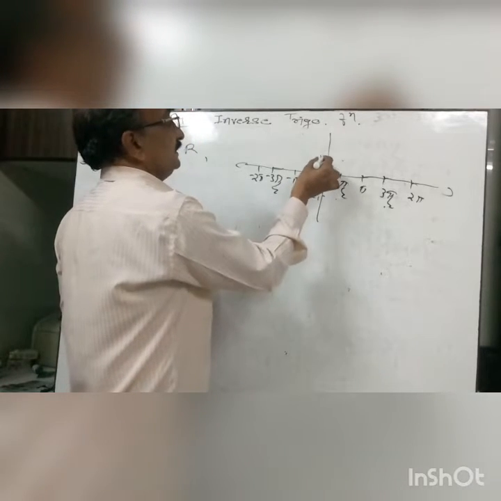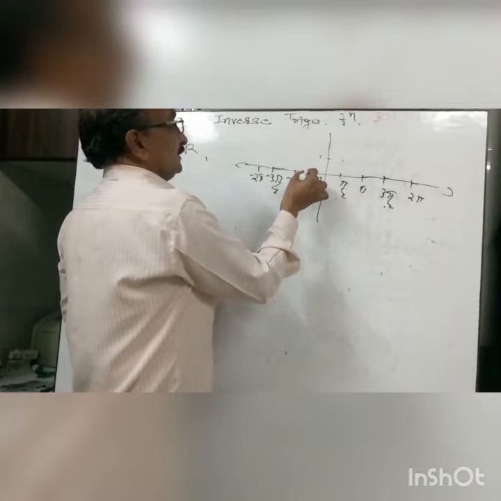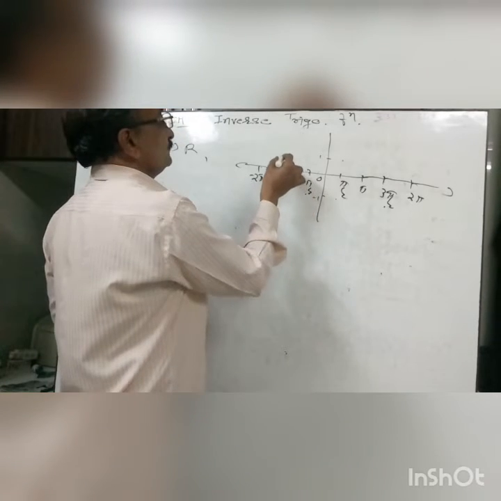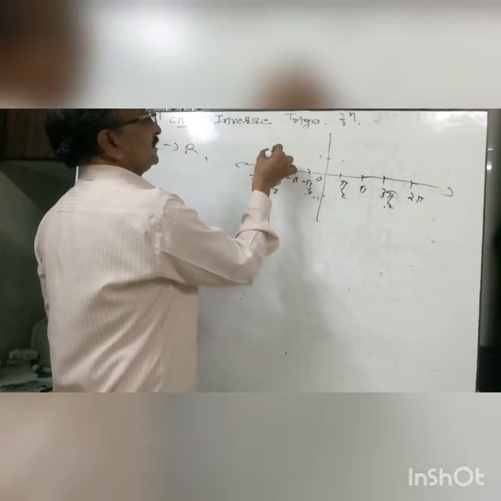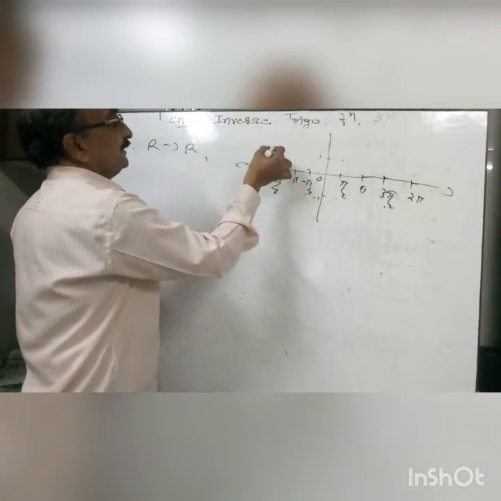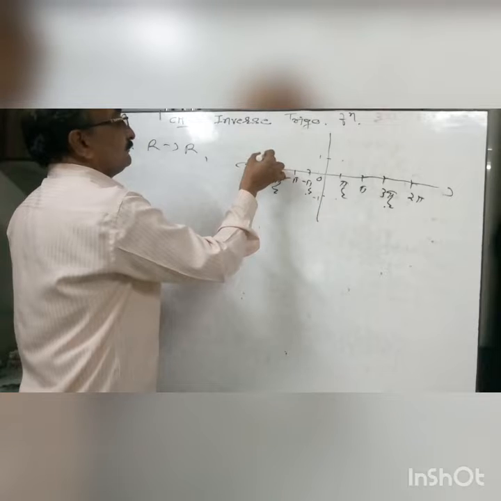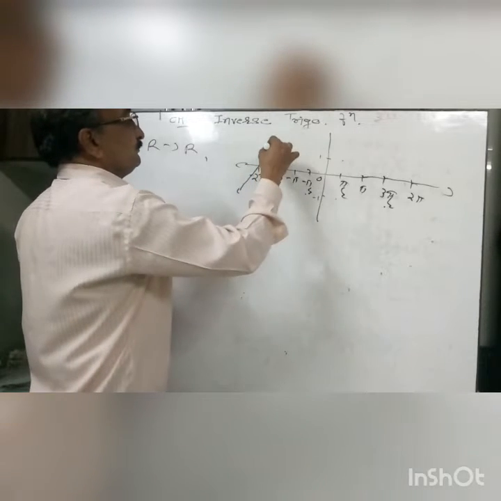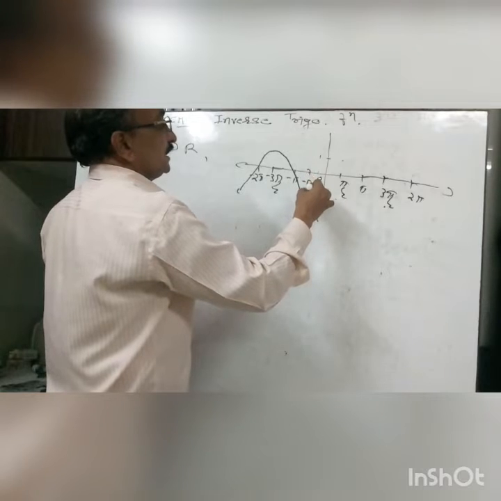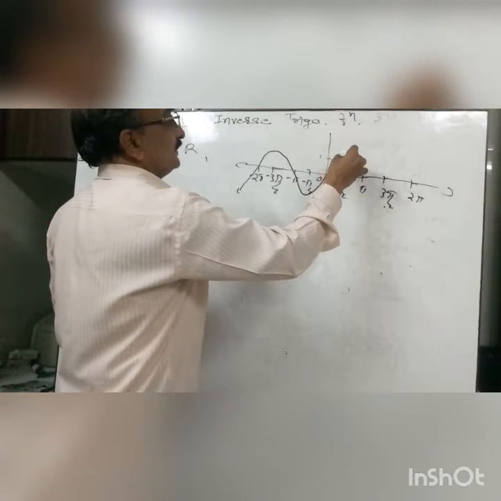Same on this side: at minus pi by 2 it becomes minus 1, at minus pi it becomes 0, at minus 3 pi by 2 it becomes 1. So after joining all points, we get this type of graph of the sine function.